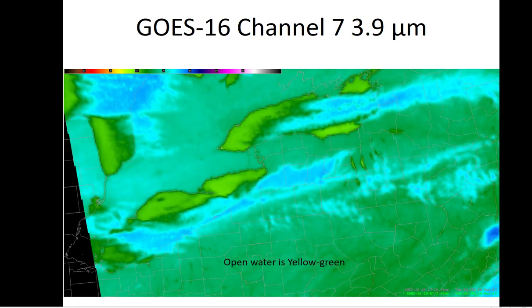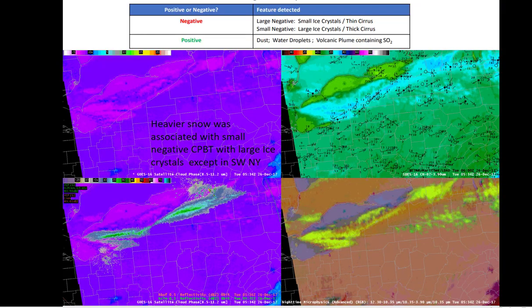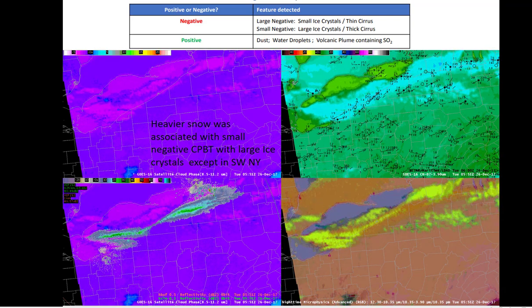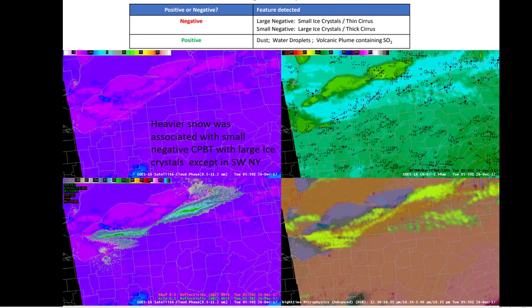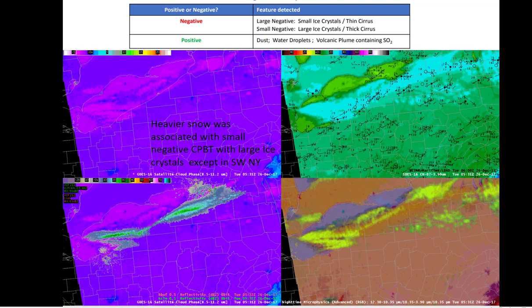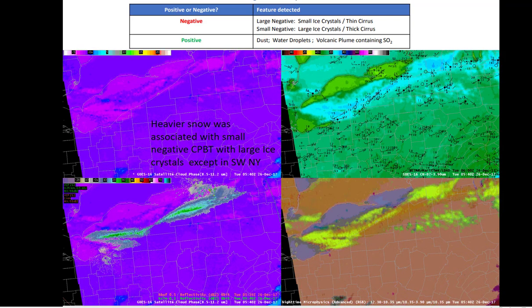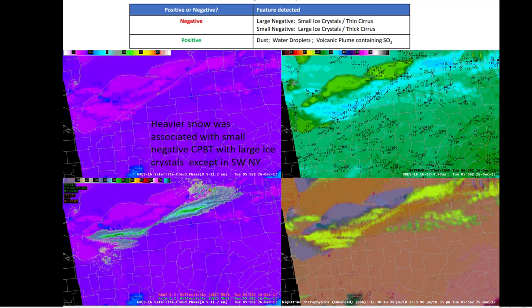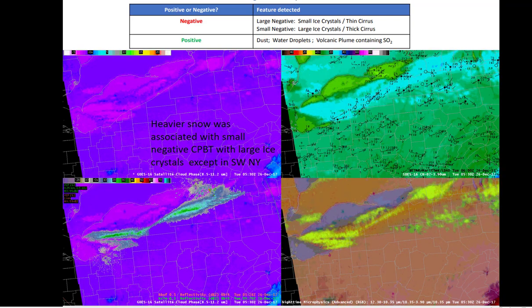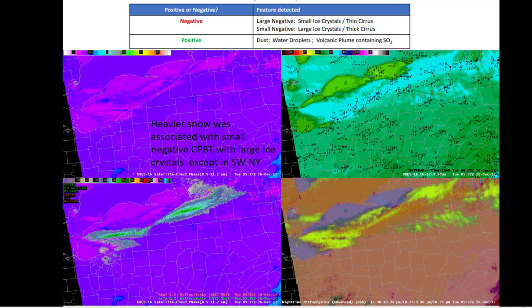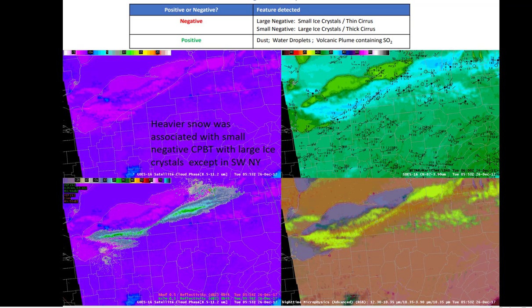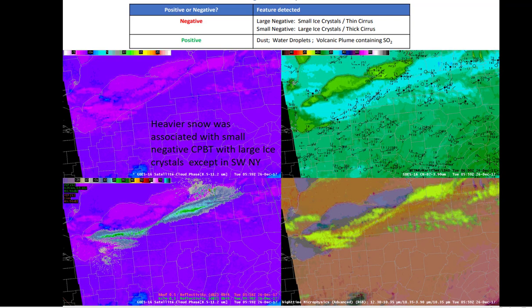So now if we go forward, and this 4-panel, I'm trying to interpret what we're looking at more fully. We have the infrared image in the upper right with the surface observations there, and then we have the microphysics RGB in the lower right, and then we just have the split cloud phase in the upper left, and then we have the radar in the lower left.